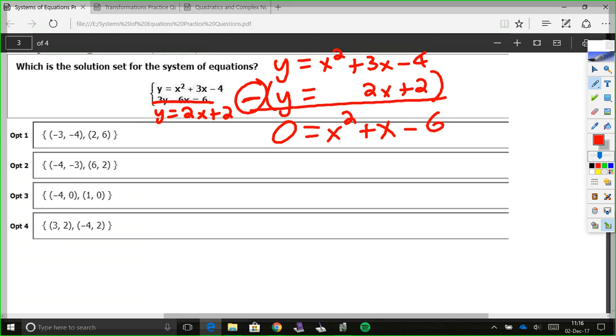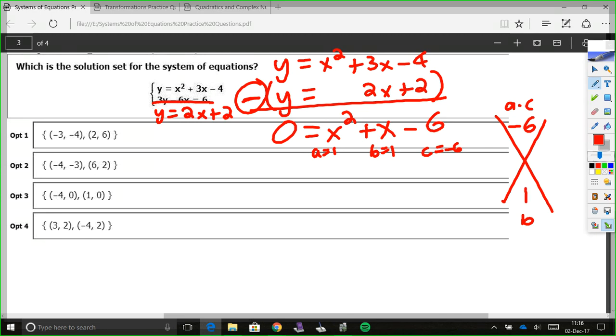Alright, but here's the equation that we need to factor now, or again, you could use the quadratic formula, but I'm going to use factoring simply because it's going to be a lot faster. So the a value is 1 here, the b value is also 1, and then the c value is -6. So remember when you factor, you use this x thing, you have a times c, which would be 1 times -6, so that would be -6. And then down here you put your b value, which is 1.